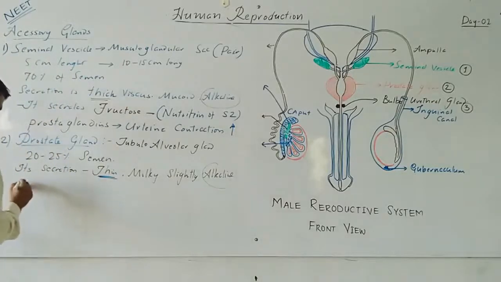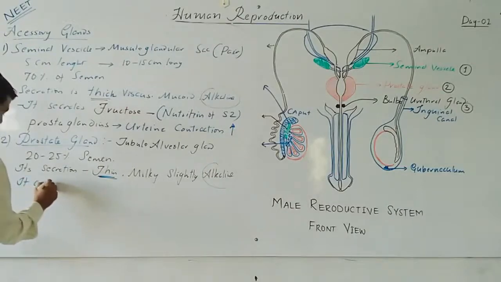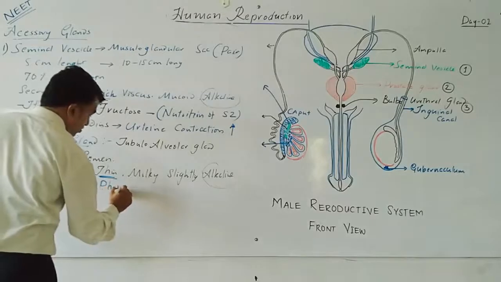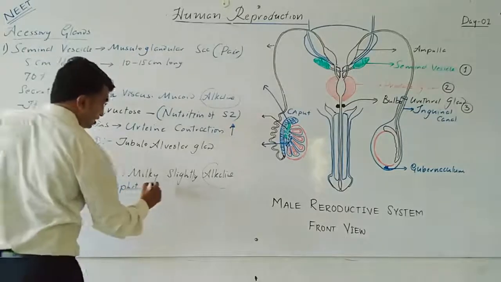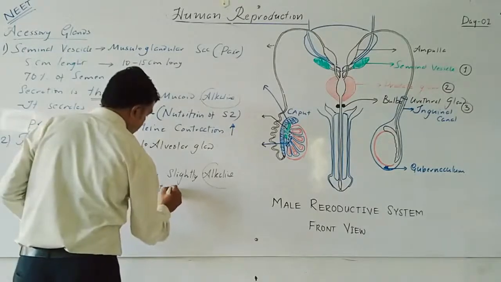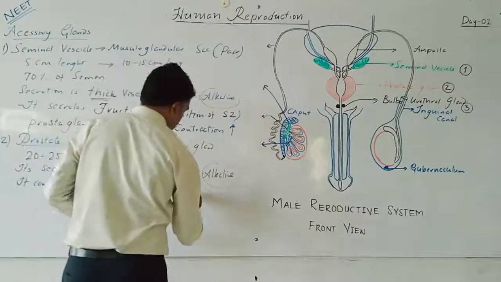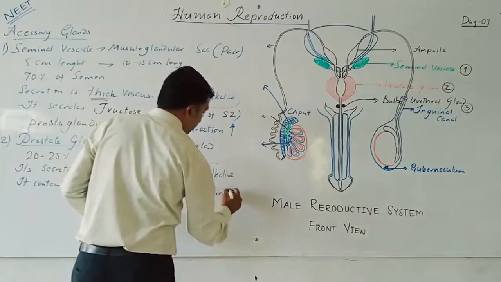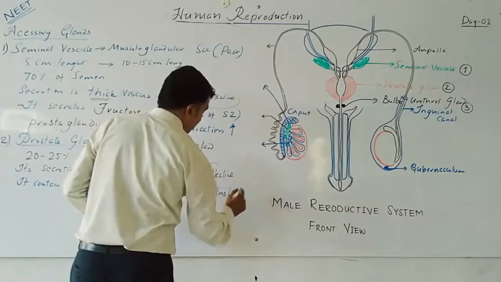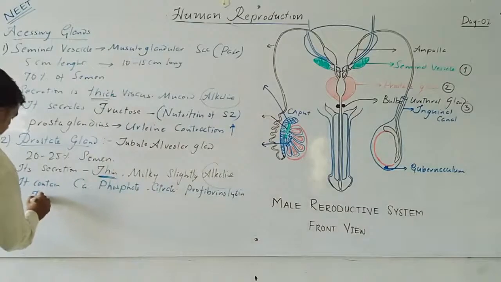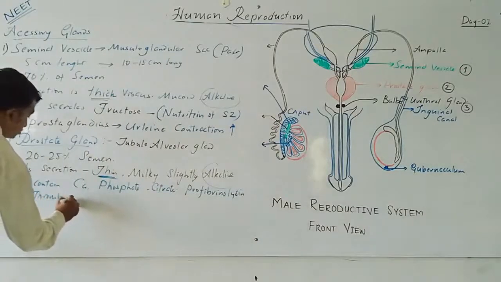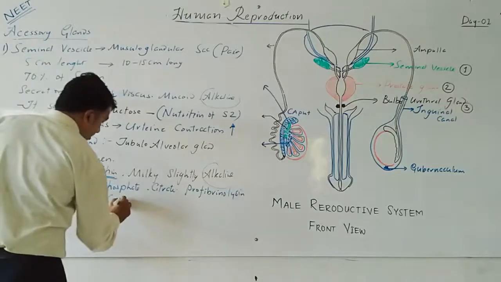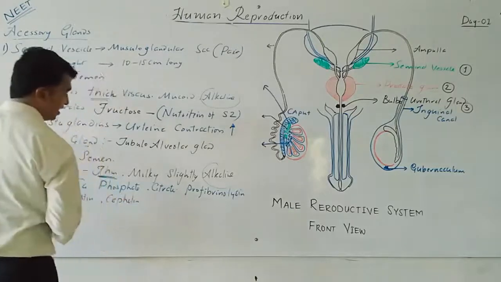What do they secrete? The secretion of the prostate gland contains calcium, phosphate, citrate, profibrinolysin, thromboplastin, and cephalin.